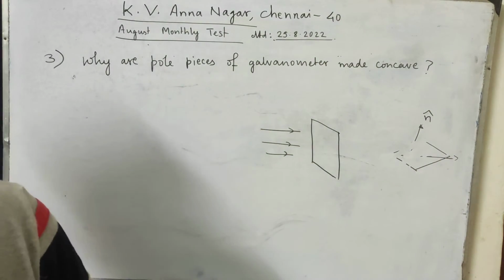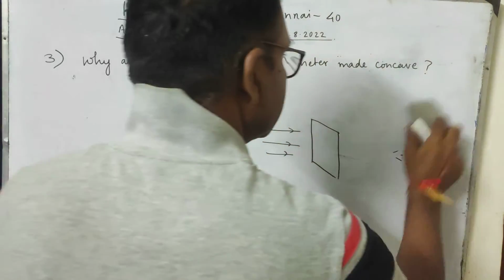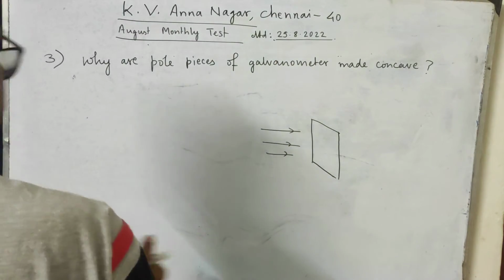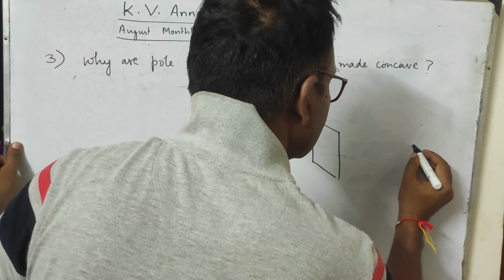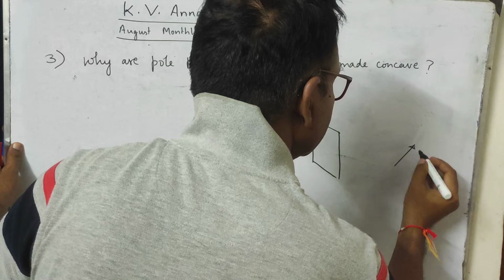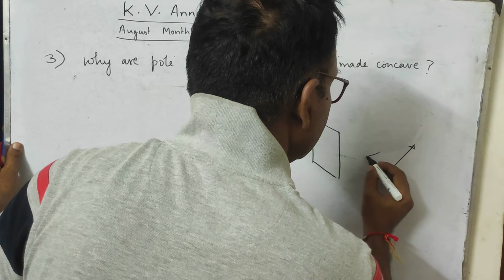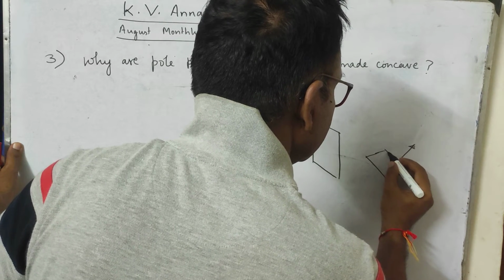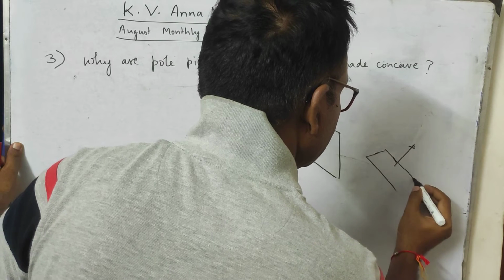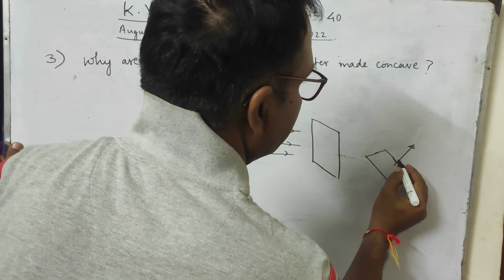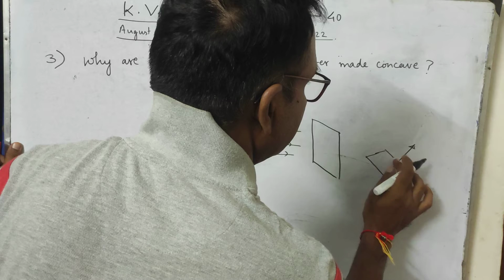Let me draw it properly. This is your surface vector. So the loop is something like this, and there is the perpendicular on this surface.